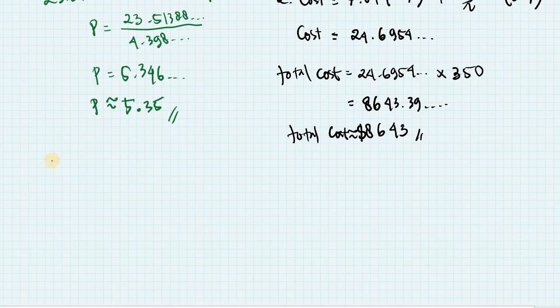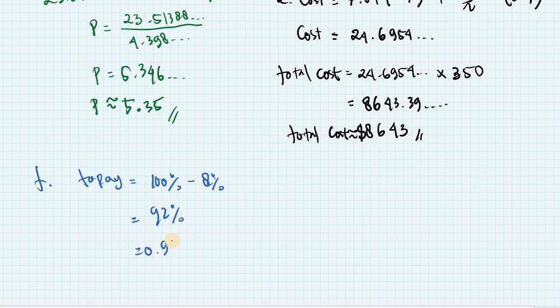I'll use green, sorry, this is blue. F. The discount is 8%, so the cost to pay equals 100% minus 8%, which is 92%, or 0.92.